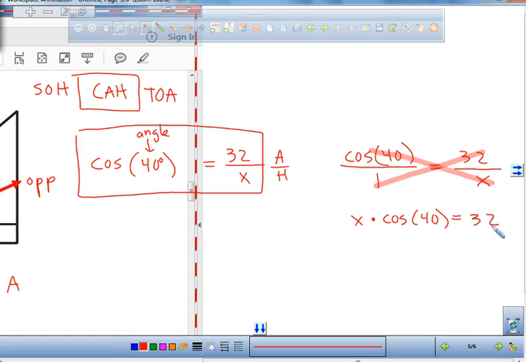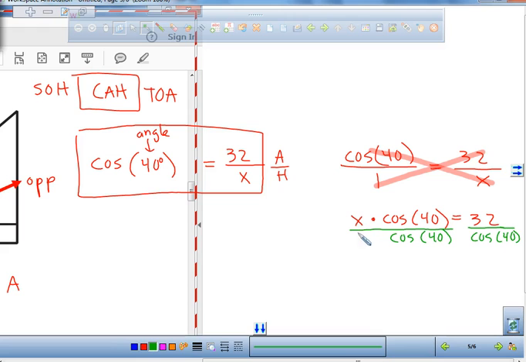So I'm almost done. What's the only thing I have to do to solve for x in this particular case? I have to divide both sides by what? Not by 32. By the cosine of 40. Now the reason why I'm dividing both sides by the cosine of 40 is I'm trying to totally get x by its lonesome, by itself.